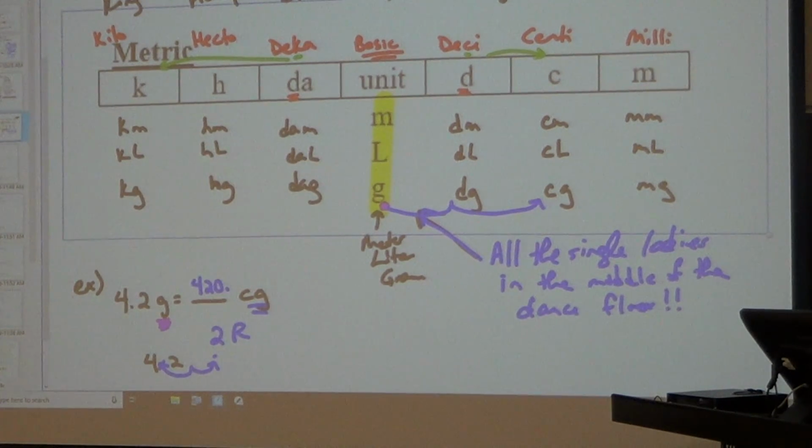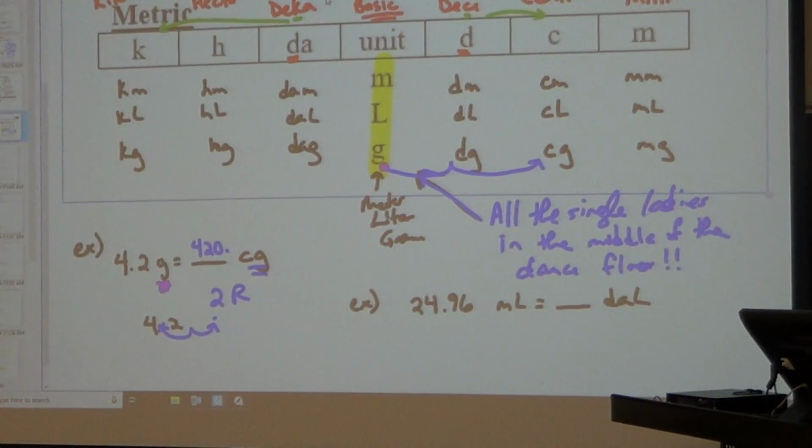To the right, to the right. Let's do another one. 4.96. We are going from milliliters to decaliters. Where am I going to start?